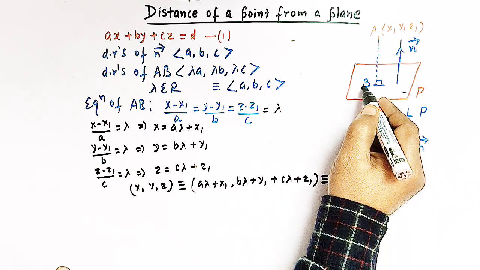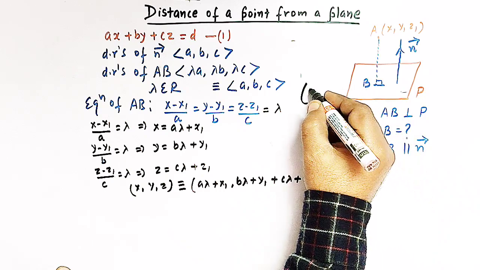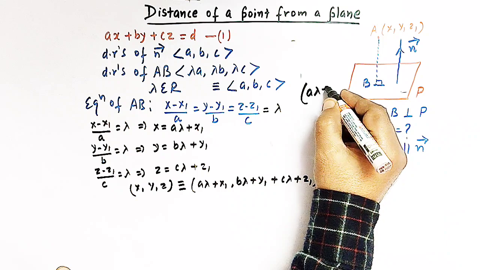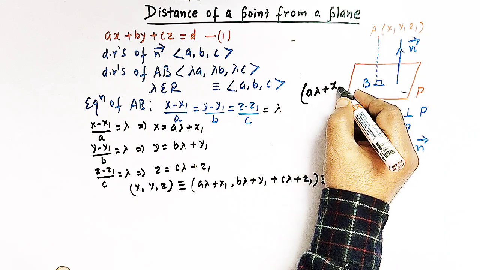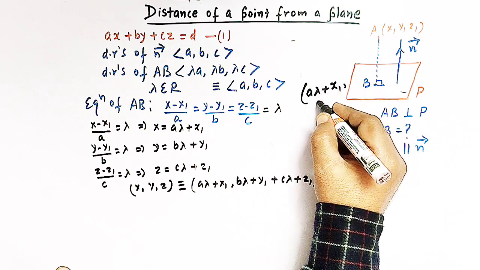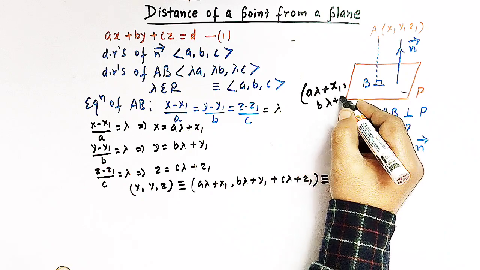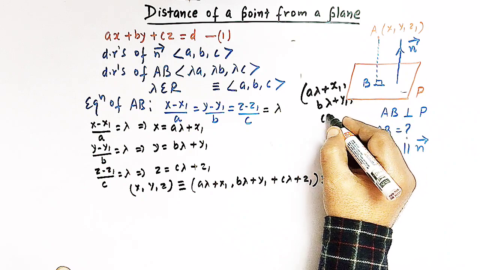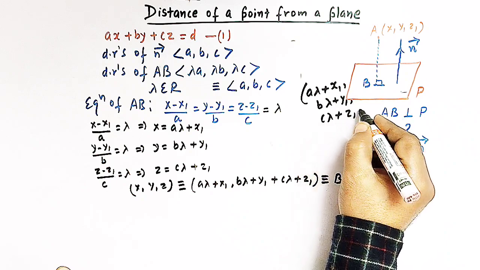So here this point B can now be represented by this coordinate a lambda plus x1, then b lambda plus y1, and c lambda plus z1.